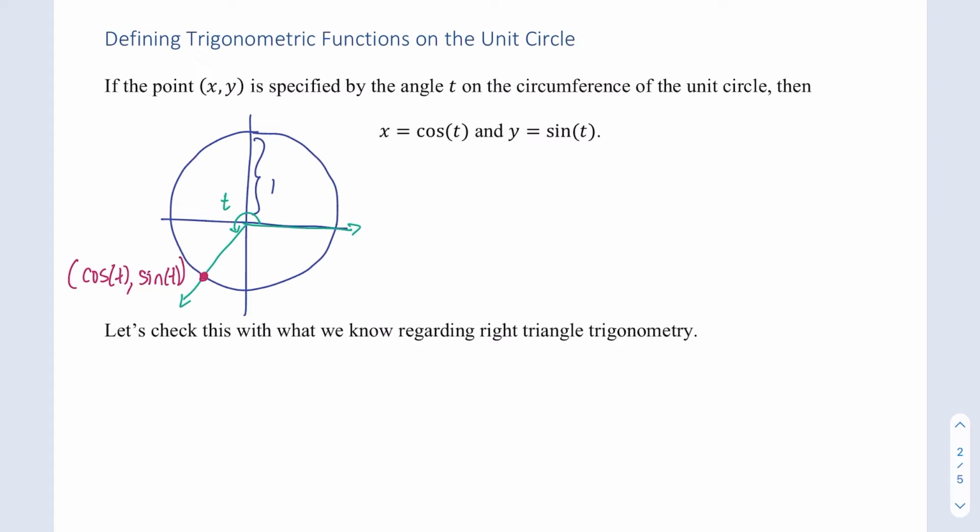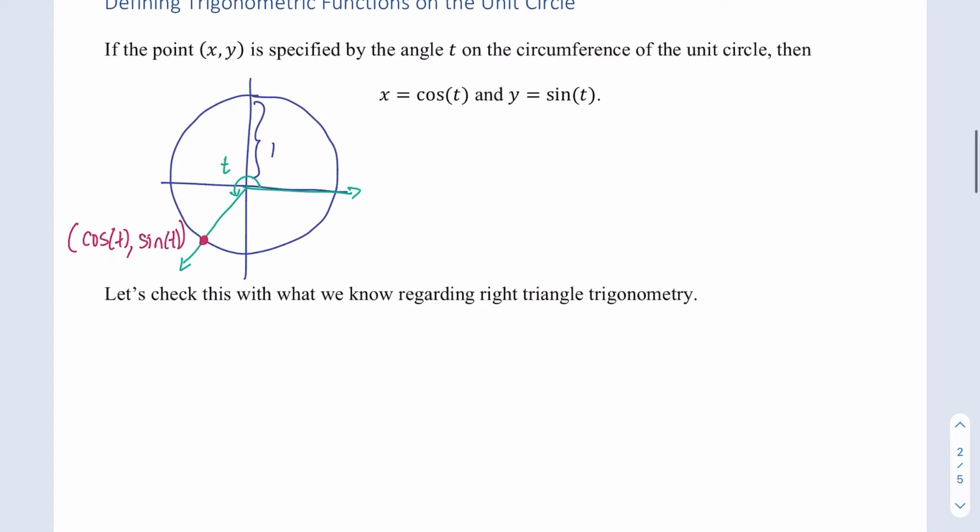So the two other angles have to be smaller than 90 degrees. But with the unit circle, we can define cosine t and sine t for angles that are bigger than 90 degrees. With this new definition, we want to make sure that it still works with the right triangle trig that we learned before. In math, we want everything we've learned before to still hold. So let's look at that.